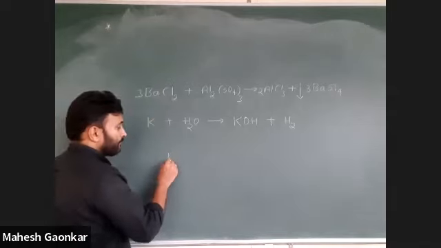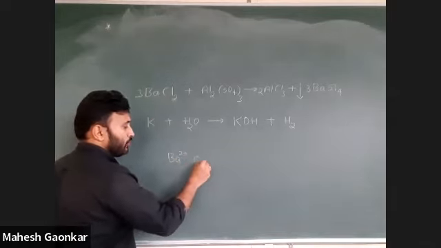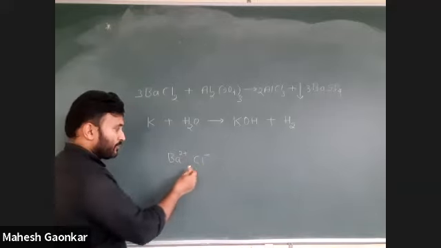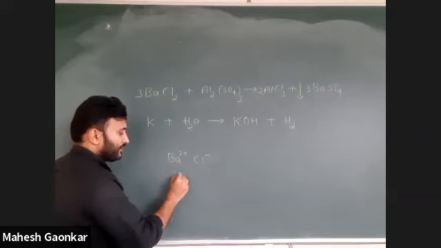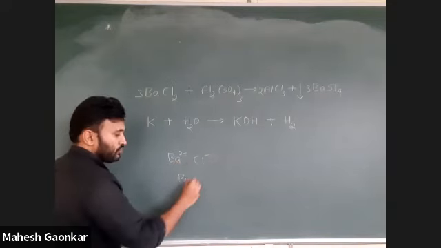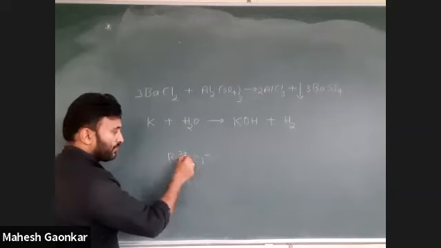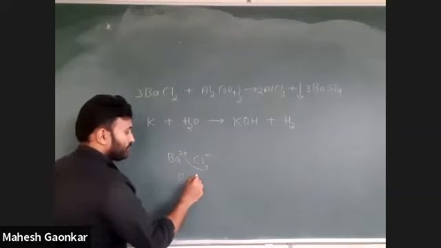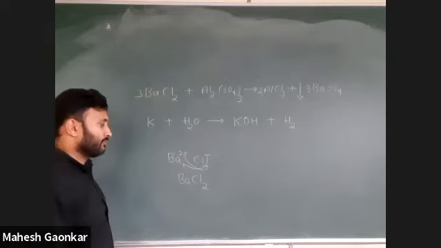Barium chloride: barium, its charge is 2 plus, and chloride Cl minus. So this charge we write here and this charge we write here. In that case, Cl has minus 1, so it is 1, and Cl2 because of this 2 plus. So BaCl2.